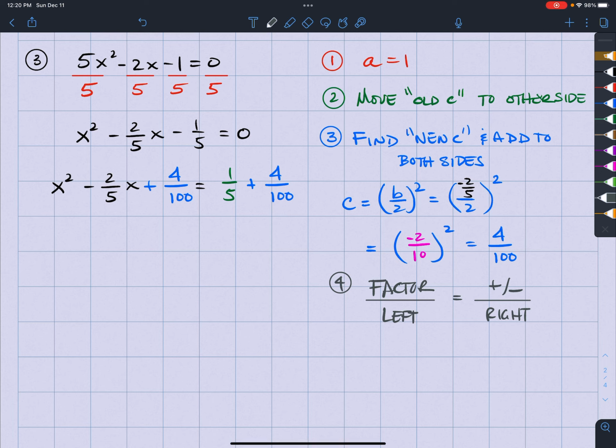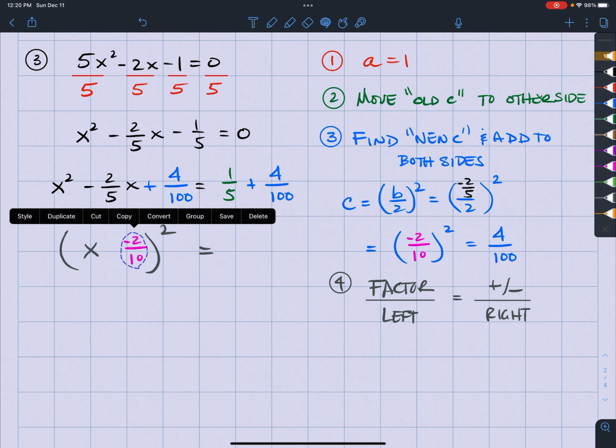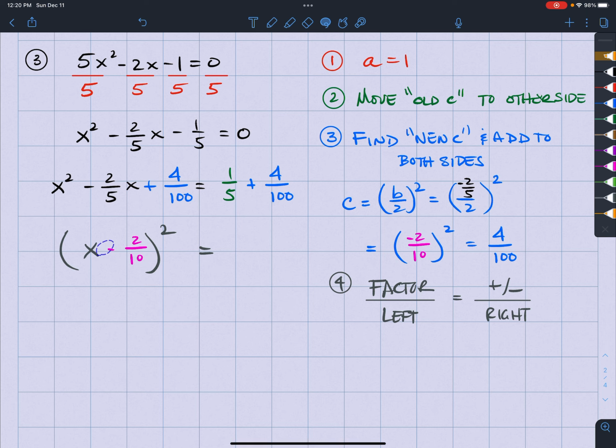The left side factors pretty nicely because it has already been factored. You already did the work. And since it's negative, it'll be x minus 2/10, squared.